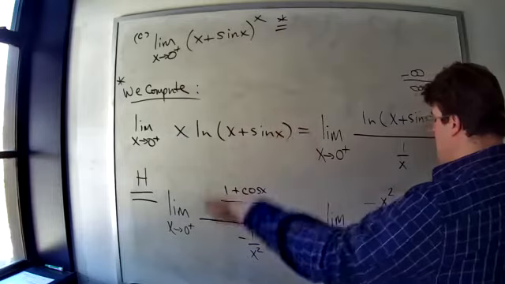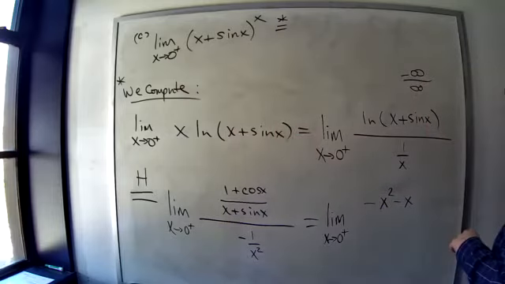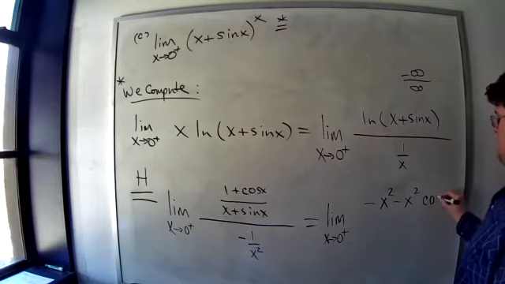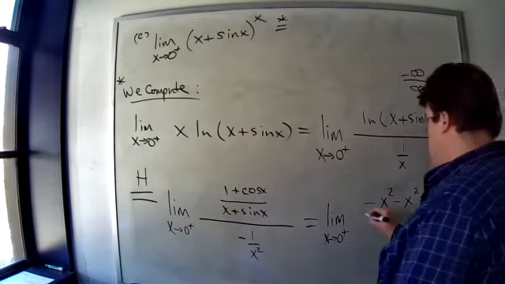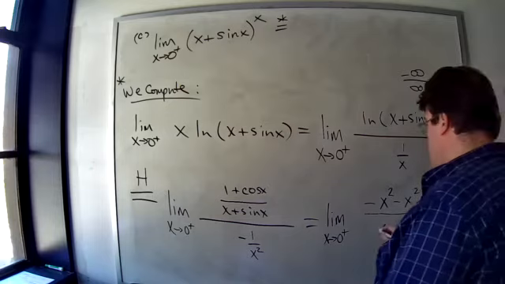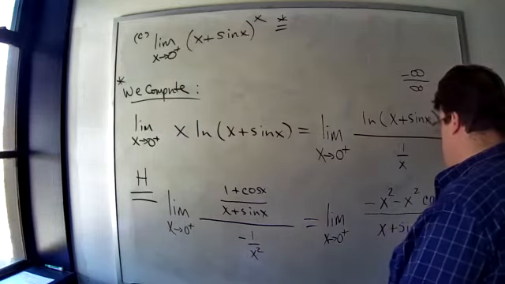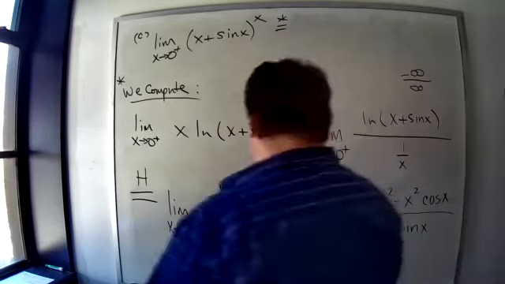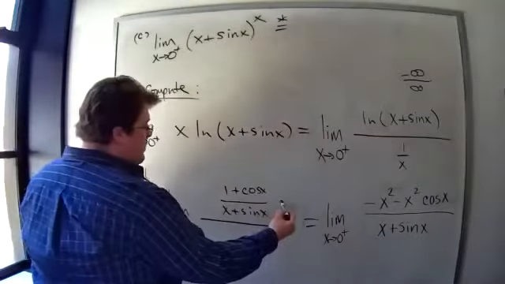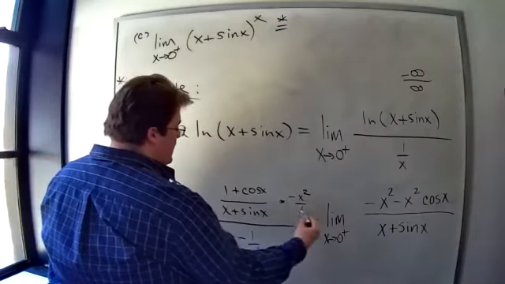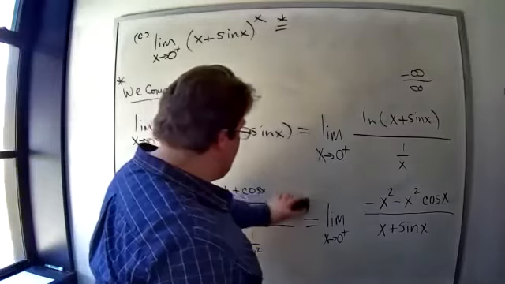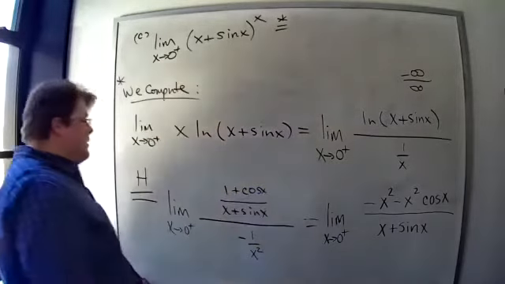You could factor out a negative, but I already started writing like this, so I'm not going to. So divide by negative 1 over x squared. That's the same as multiplying by negative x squared over 1. And I distributed the negative x squared through the numerator.